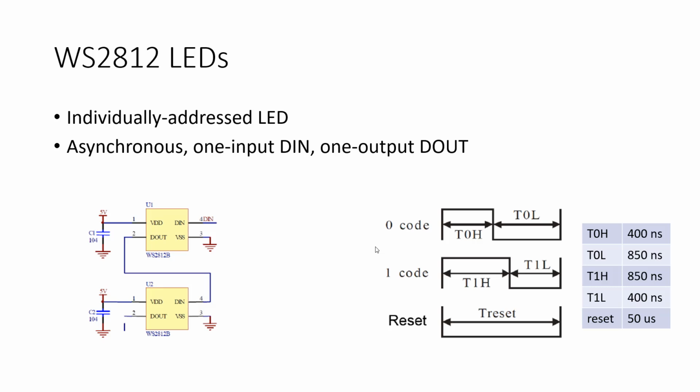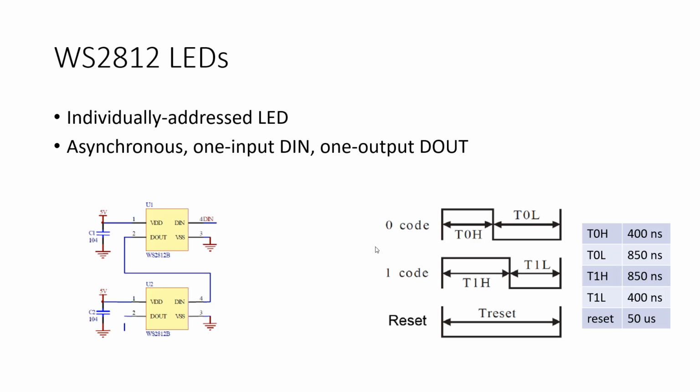Now you might say, okay, so they all have one input and one output. One input called D in, one output called D out, and you just daisy chain them, right? The way that you individually address them is really clever. When you power up the LED, they start out in an accept state, which means that after they receive 24 bits, they use those 24 bits to set their color. But then after that, they go into a relay state where instead of recording data sent to them, they just pass it to the next one down the chain, right?